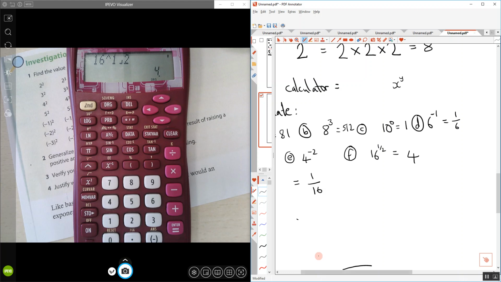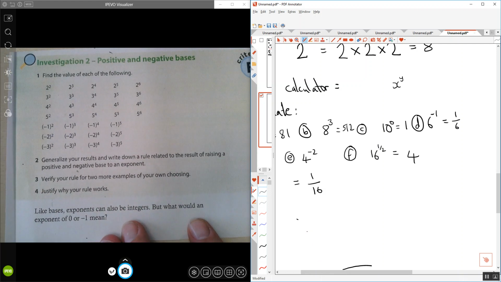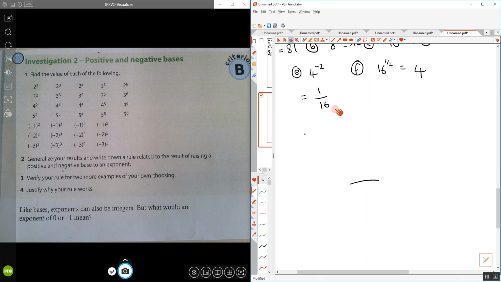Okay, what I want us to look at is this. This is on page 13. It is Criterion B. What is Criterion B? You don't know? Okay, so Criterion B is considered to be quite difficult.